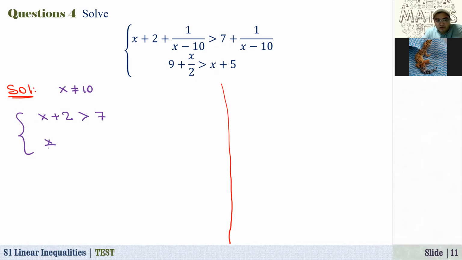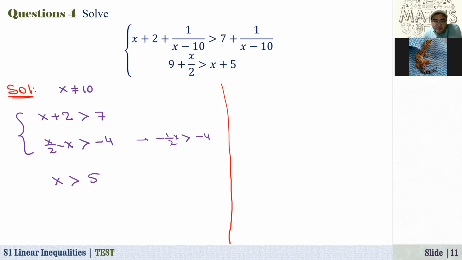We have x over 2 minus x greater than 5 minus 9, which is equal to minus 4. The first one is x is greater than 7 minus 2, that is 5. The second one is x over 2 minus x, that is minus 1 over 2 x, greater than -4.